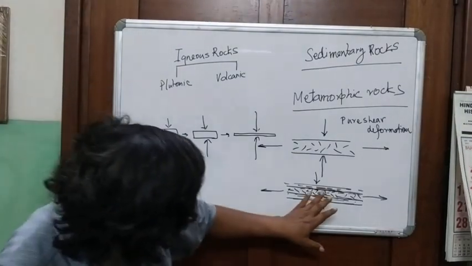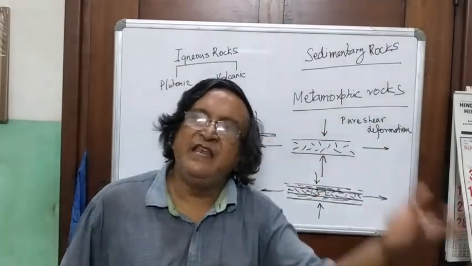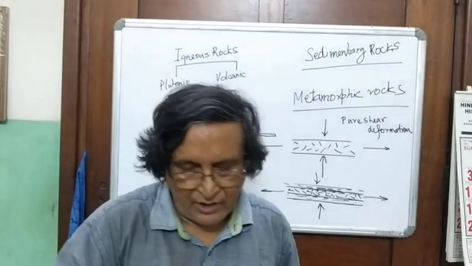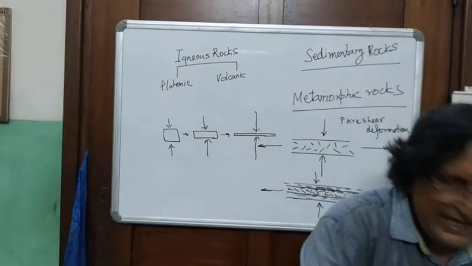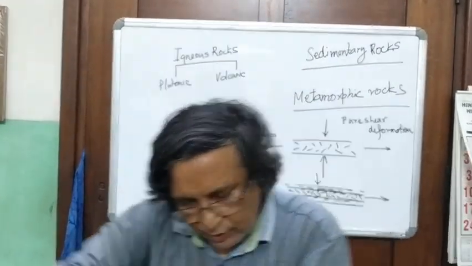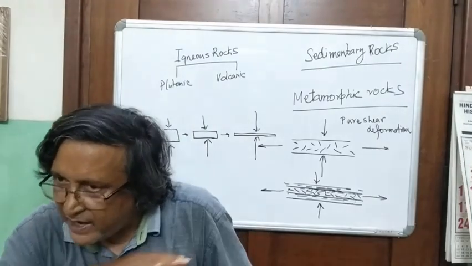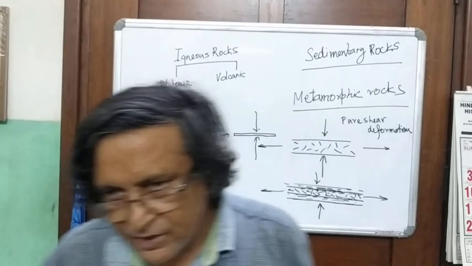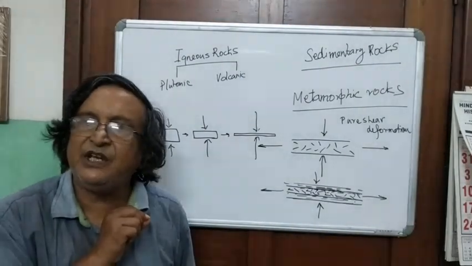So what happens is that normally metamorphic rocks have some sort of a foliation. Folia means like that of a book, for example. Like a book. So you can have foliations. They have wonderful planar and linear features in them. So it's very characteristic of them.